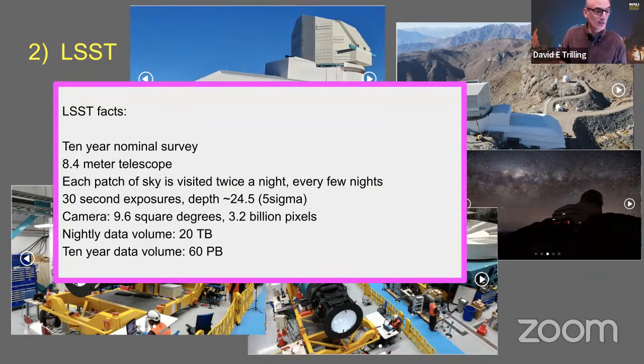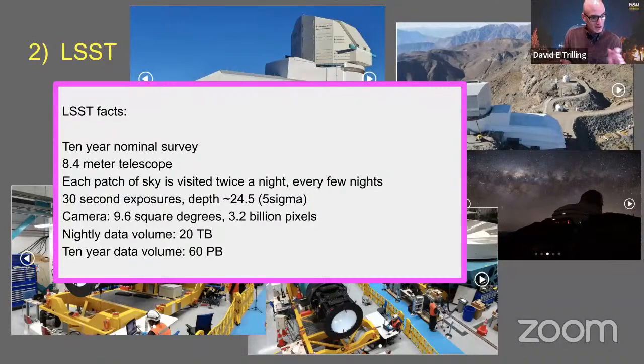Okay, so here's a few facts about LSST. There is a 10-year nominal survey. The telescope itself is 8.4 meters diameter. That's the primary mirror. The survey is carried out where each patch of sky is visited twice in a night and every few nights over the observing season.